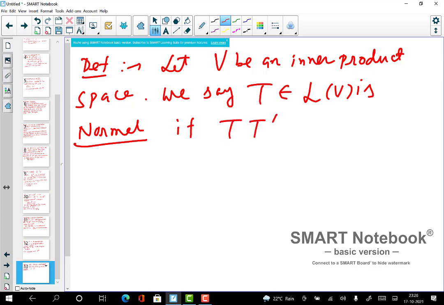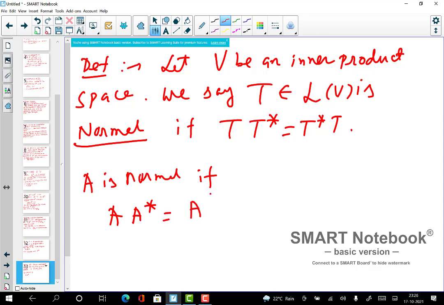That means T T star equals T star T. And similarly for a matrix, we say a matrix A is a normal matrix if A A star equals A star A. So T is normal means there exists an orthogonal basis with respect to which the matrix representations commute with each other, right? Okay.